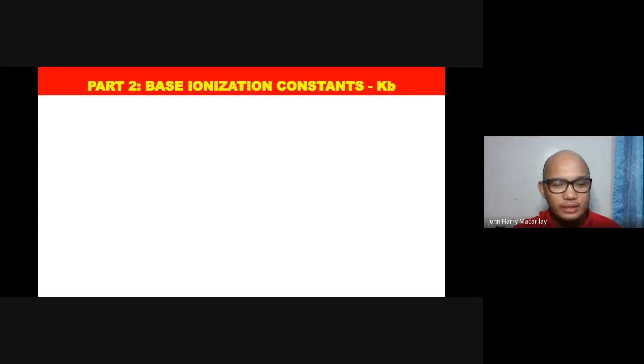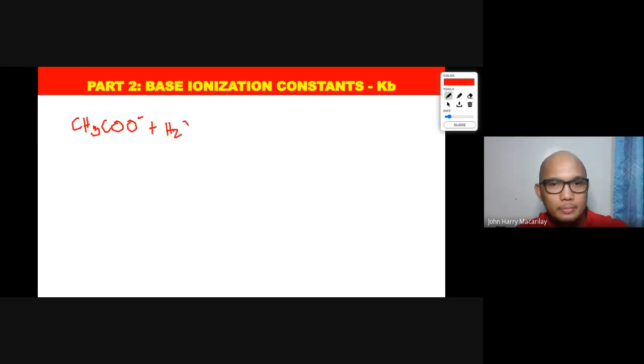Next would be your base ionization constant. The same class, for example, if we have the acetate ion, which is considered a base, in water, it will also produce its ionized form, acetic acid, plus the hydroxyl ion.